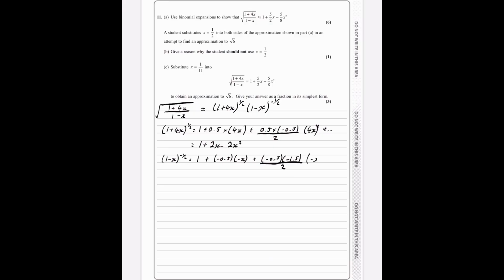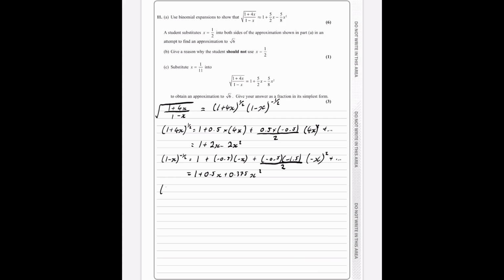Brackets are really useful when doing binomial expansions, especially when you have so many negatives going on. And if you carefully simplify that, you'll end up with 1 plus 0.5x plus 0.375x squared. If you've done those as fractions, it's absolutely fine.